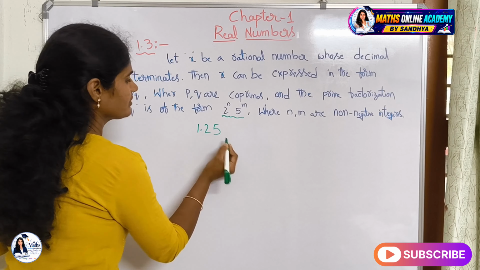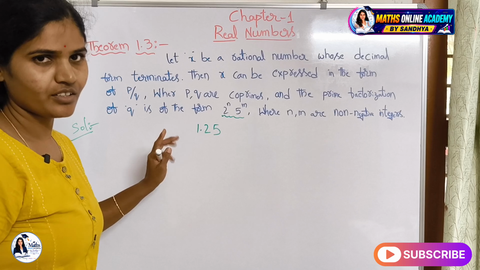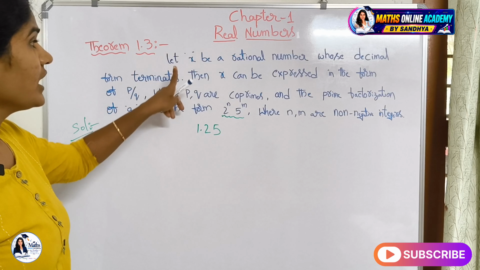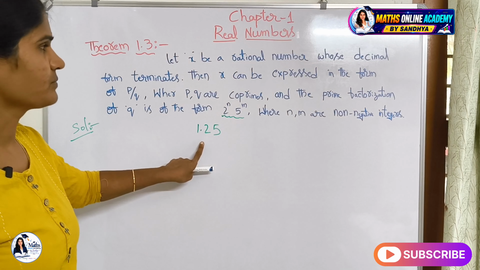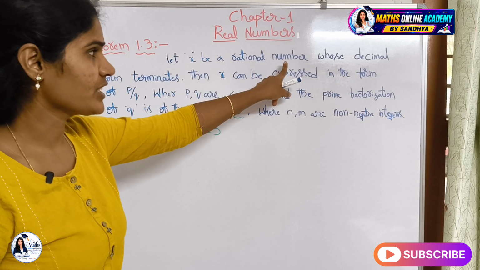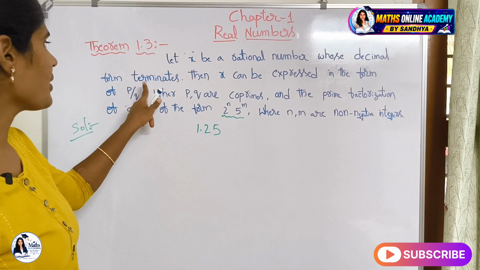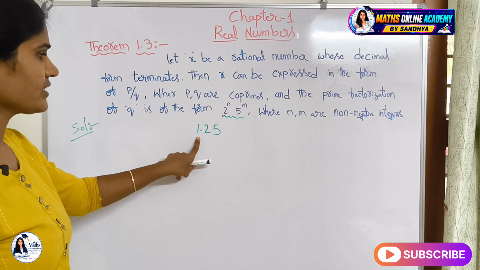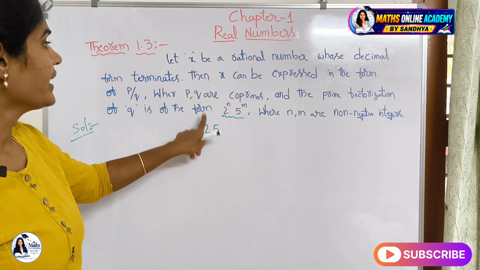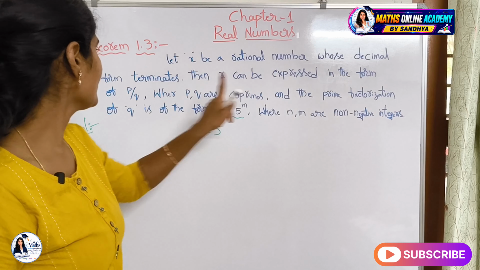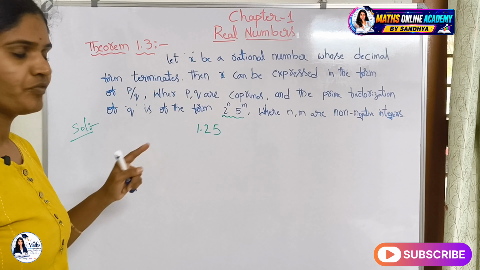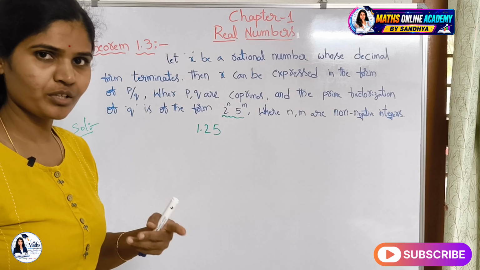Is it a rational number? Yes, this is a rational number. Let this be x. X is a rational number whose decimal form terminates. This is the decimal form of x. Then x can be expressed in the form p by q. We can write this in the form p by q.